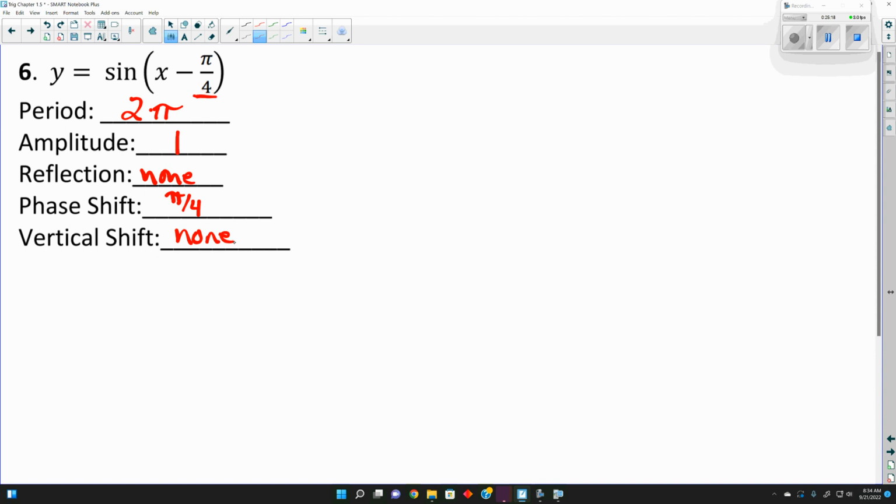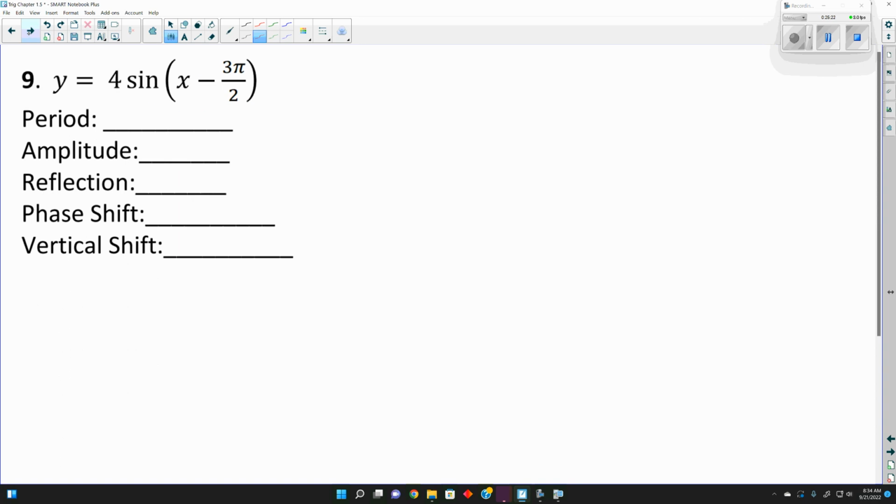Any other questions on this here? So what would the period for this one be? 2 pi. Because since the value of b is 1, we would have 2 pi over 1, which would just give us 2 pi. Now the amplitude is 4, because again, our amplitude is the number in front of sine or cosine. Is there a reflection?